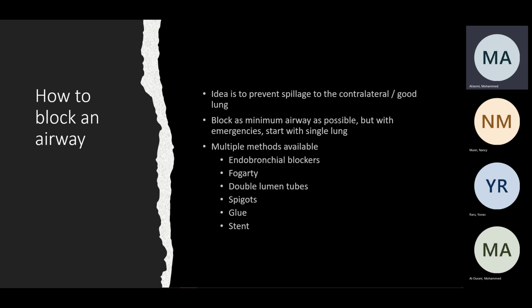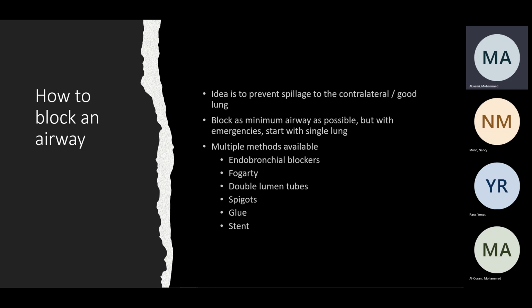Bronchoscopy with a large scope becomes almost impossible with a double lumen tube. You will lose all your suction power. I really don't like it, but that's just my opinion. Spigots are usually not available. Glue needs time, and stents need time to get from endo or somewhere else.